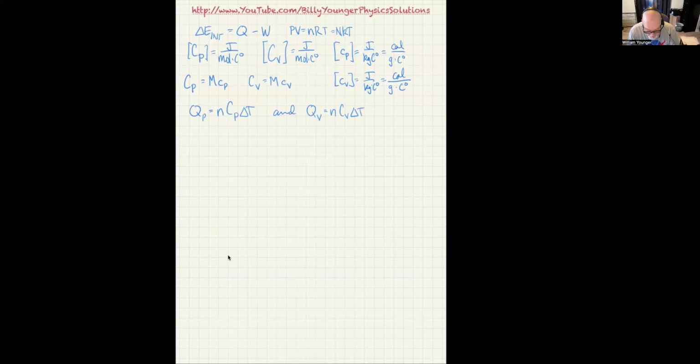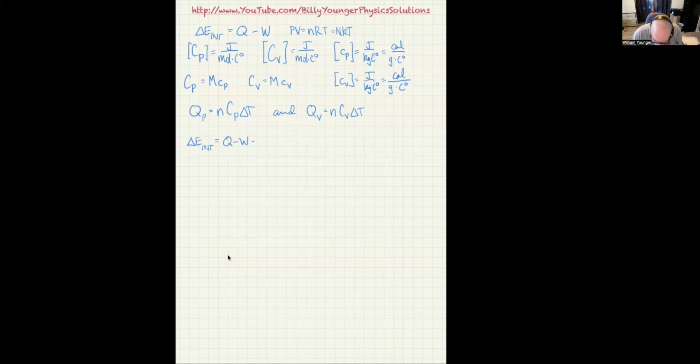So the first thing I'm going to do is take the first law of thermodynamics and apply it to the case of Q_V. In the first law of thermodynamics, we have delta E internal is equal to Q minus W, as we said.